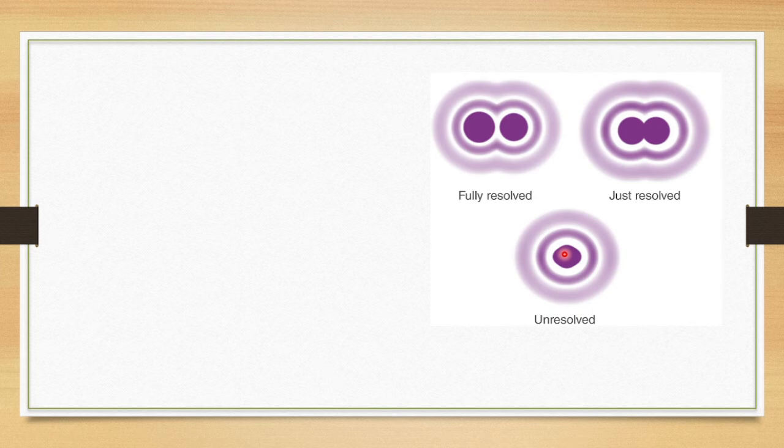Here it is just resolving and not completely separated. Here the two images are completely separated and you can distinguish the two images. So this is called full resolution. This power is called resolution. Resolution means the ability to distinguish between two objects.